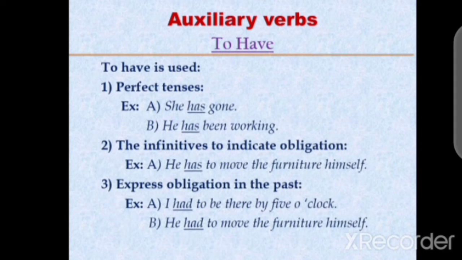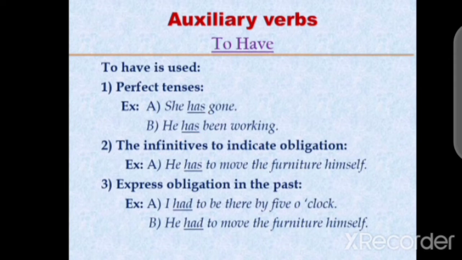Here are the uses of the to have auxiliary verbs. So the auxiliary have is used in the formation of perfect tenses. For example, she has gone. He has been working. So here the words gone and working are the main verbs and has is an auxiliary verb which comes with perfect tenses.